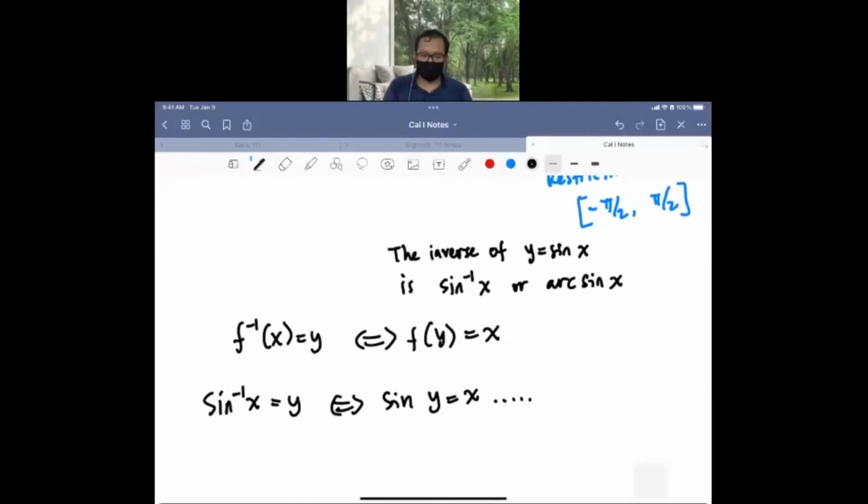And this y starts from the domain in x, right? Just remember, basically the inverse is exchanging domain and range. So the domain we restricted for sine x will be our range. And the range itself will be our domain in the inverse. Okay?